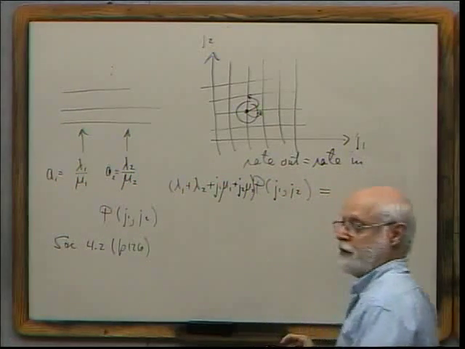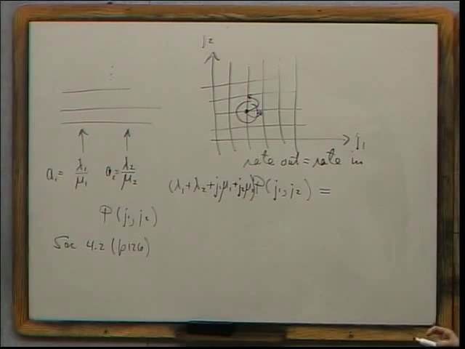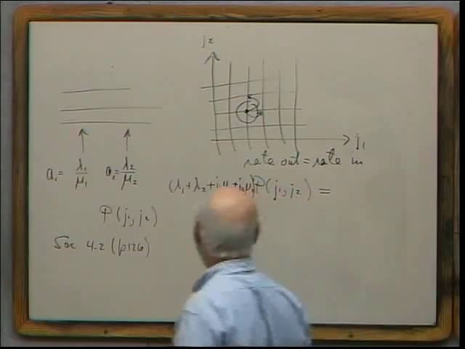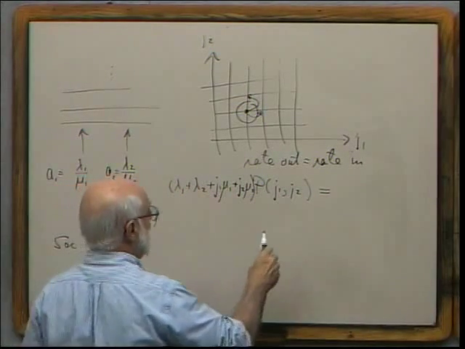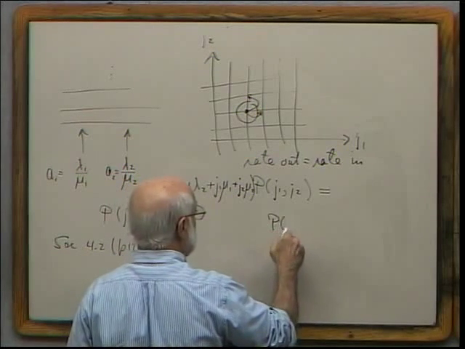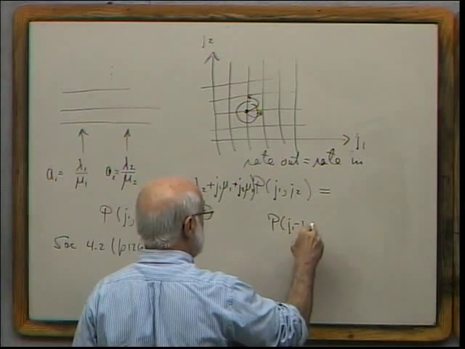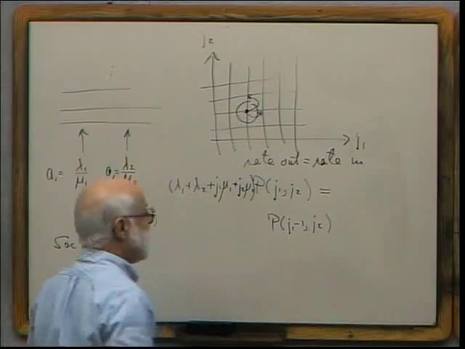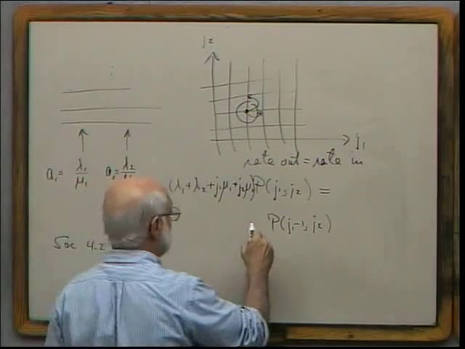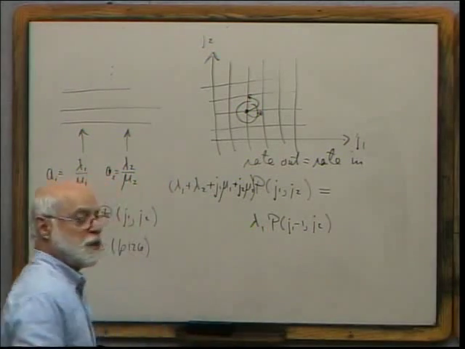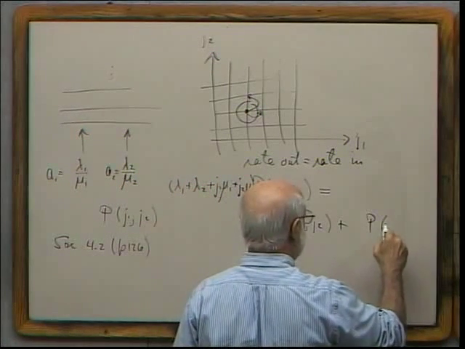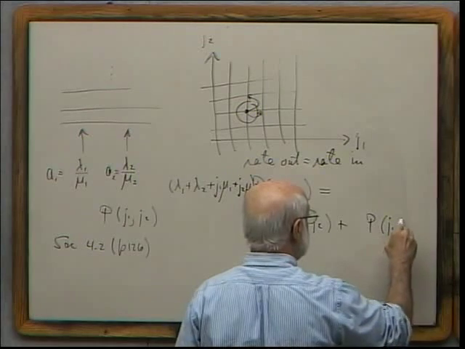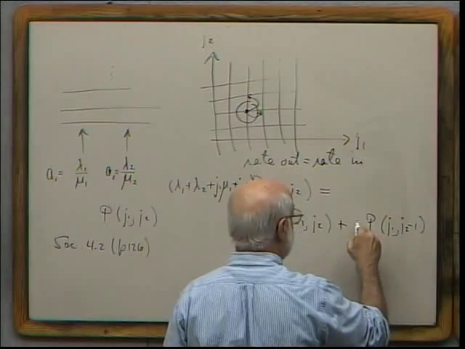Okay, now what's the rate in to state J1, J2 from the neighboring states? Well, what are the neighboring states that are one transition away? I could be in state J1 minus 1, J2, and have an arrival from stream 1. Or I could be in state J1, J2 minus 1, and have an arrival from stream 2.